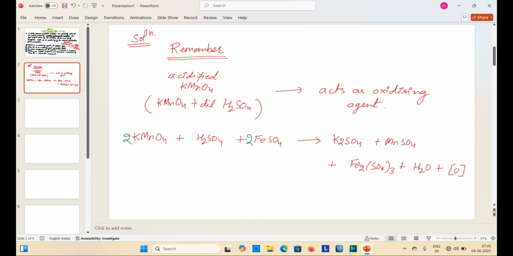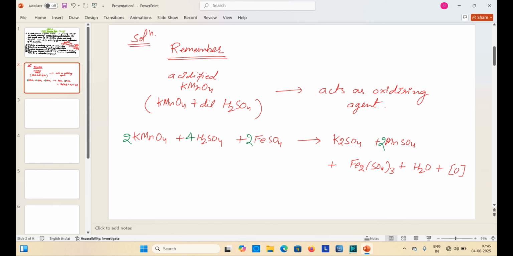Since 2 Mn has become, you will make 2 MnSO4. So SO4 you are getting 3, 4 and 6, 6 SO4. On the left there is only 1, so here you will make 4 H2SO4. Now SO4 is balanced.